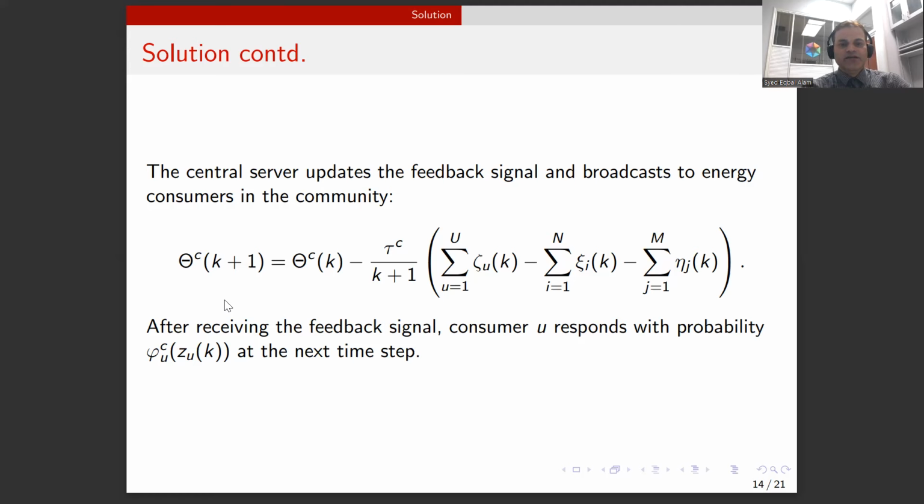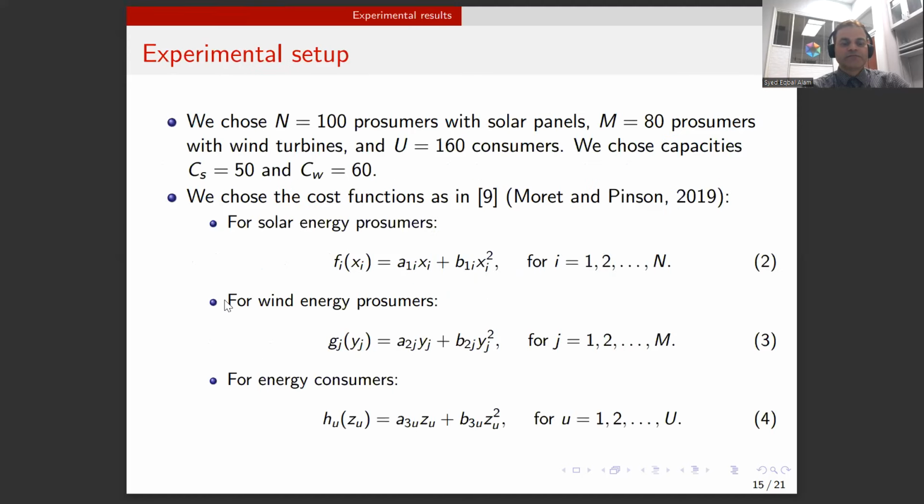Then it calculates the feedback signals and sends them to the community. After receiving the feedback signals, the prosumers and consumers calculate their probability and decide. They also calculate the Bernoulli values, whether they should be active or not, based on their probability values.